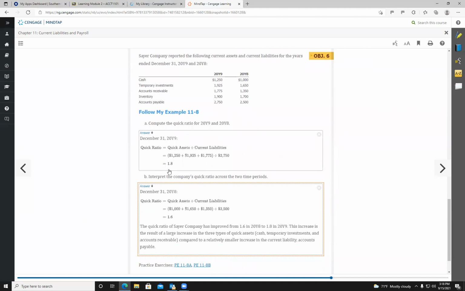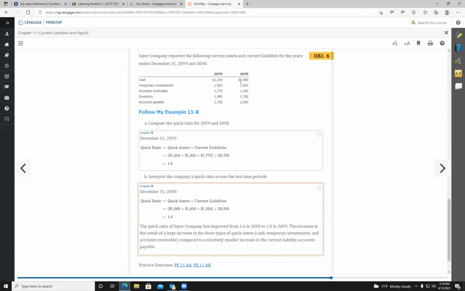So we did it for 2019, and their quick ratio was 1.8. And in 2018, their quick ratio is 1.6. So now interpret the company's quick ratio across the two time periods. So the quick ratio, say your company has improved from 1.6 to 1.8. This increase is a result of a larger increase in the three types of quick assets.